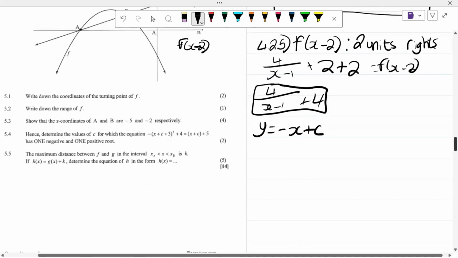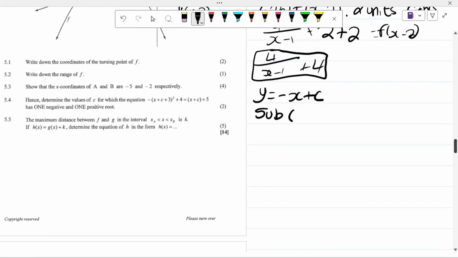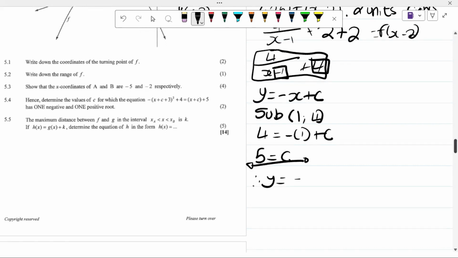To find c, I'm going to substitute the point of intersection of my asymptotes. I know that I have an asymptote at 1 and also at 4. So I have 4 equals minus 1 plus c, and then my c will be 5. Therefore y will be minus x plus 5.